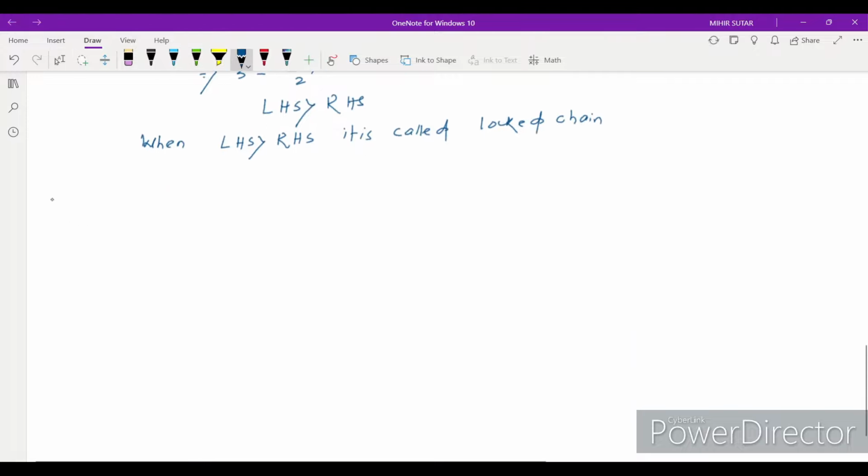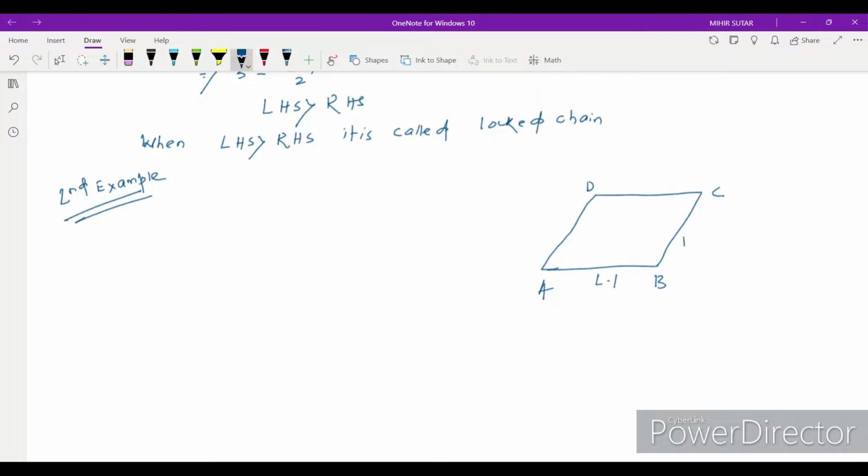Now, second example. Let's say we have 4 links now, which is a kinematic chain. We have already done this. A, B, C, D. This is link 1, link 2, link 3, link 4.